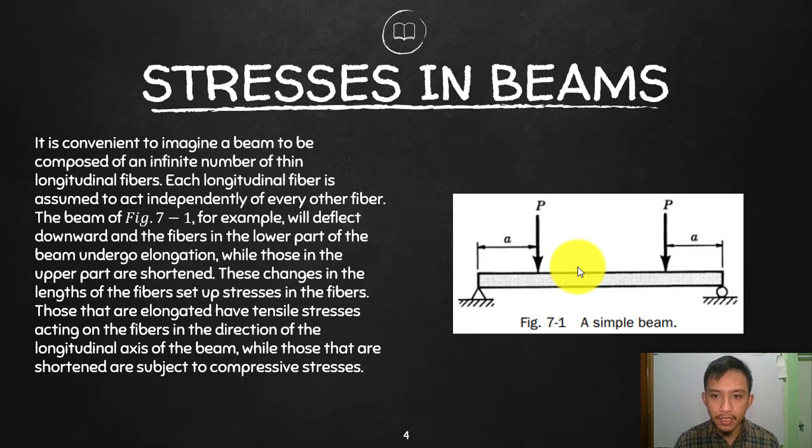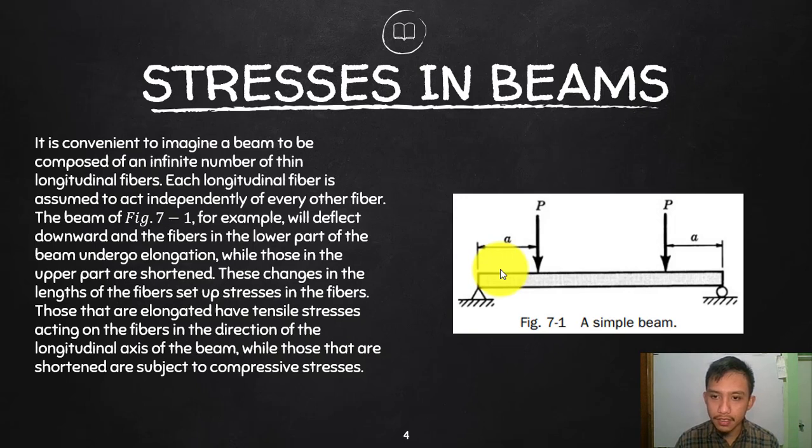Considering this beam, let's say that this is a simply supported beam. You can read the explanation here. Let's assume that this beam is composed of thin fibers which are parallel to its grain.